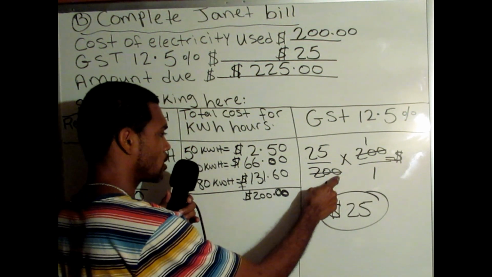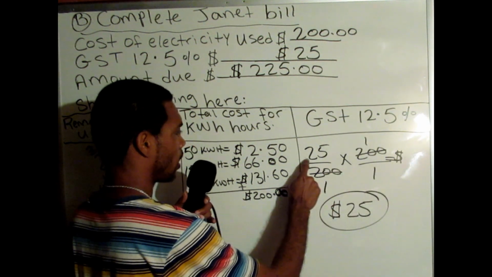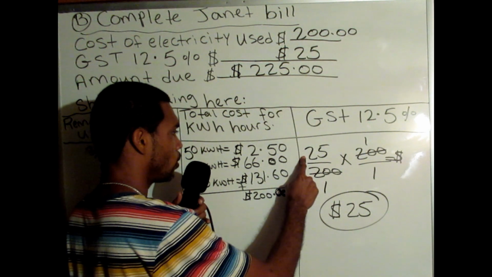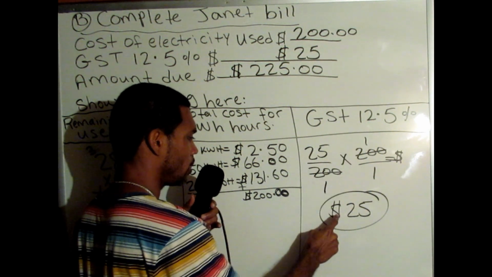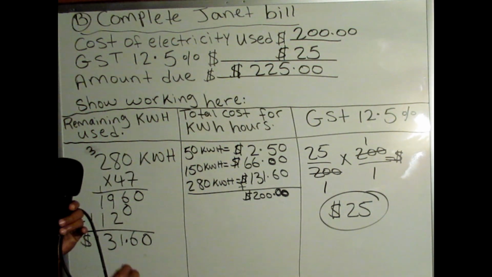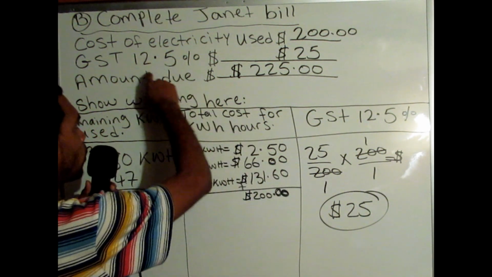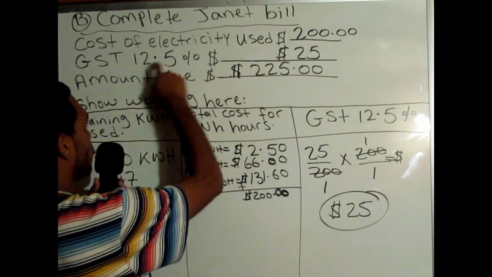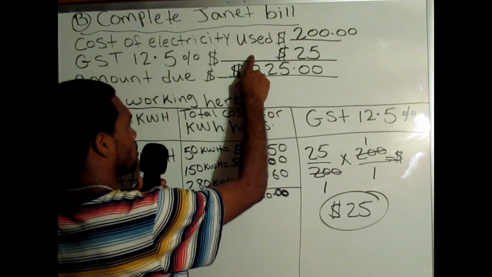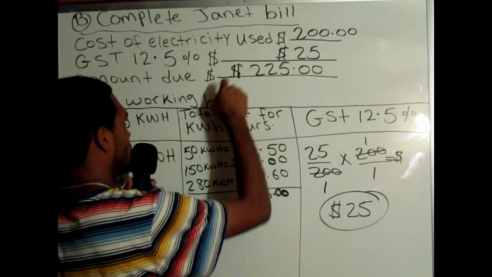So you cancel out 200 into 201, 200 into 201, and that left you with 25 times 1. Then when you multiply 25 times 1, it's $25. And the problem is solved for the GST. So we'll put it right here where it says GST 12.5%, and 12.5% of $200 is $25.